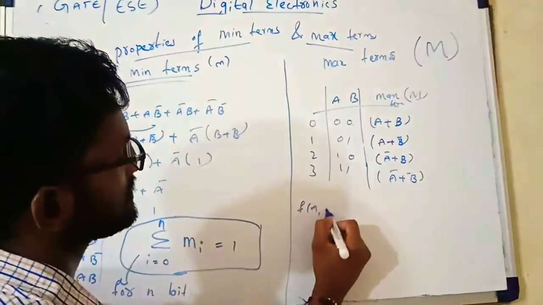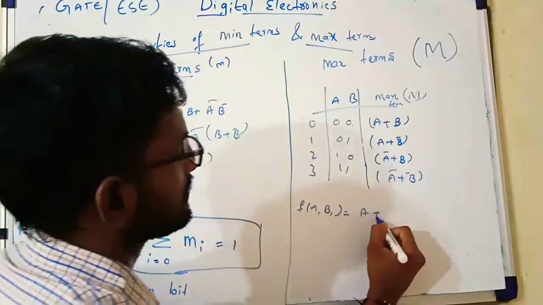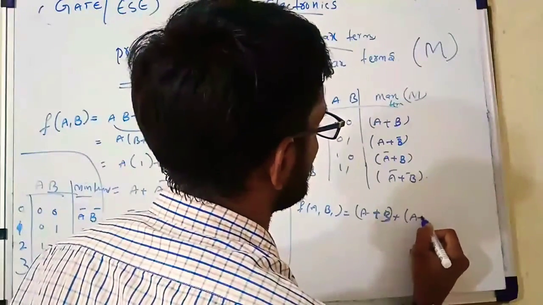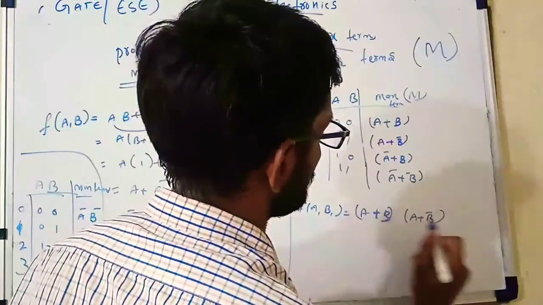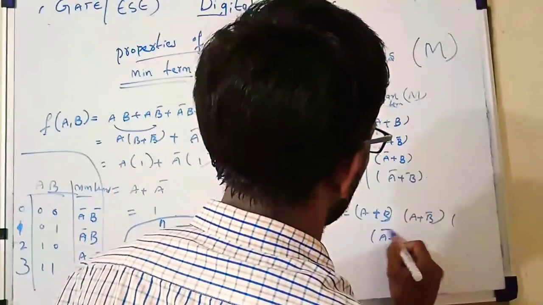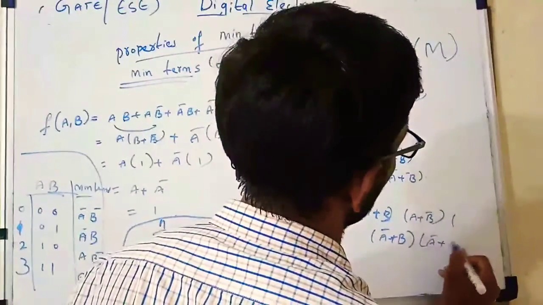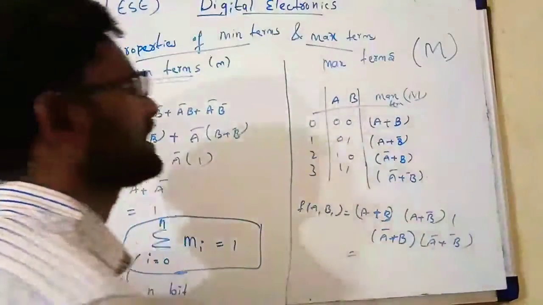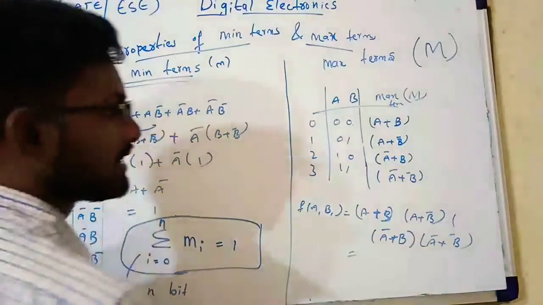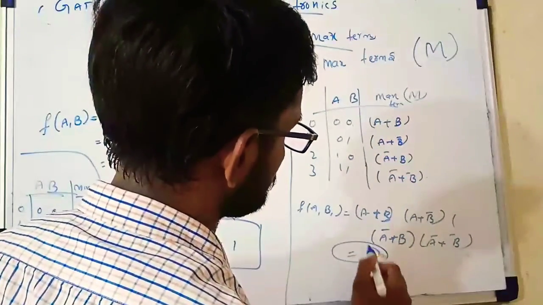If I am taking the equation here, which contains all the maxterms, A plus B bar into A plus B into A bar plus B into A bar plus B bar. Here all maxterms are present. Similarly in this way, if we are simplifying this, we will get the value as 1.